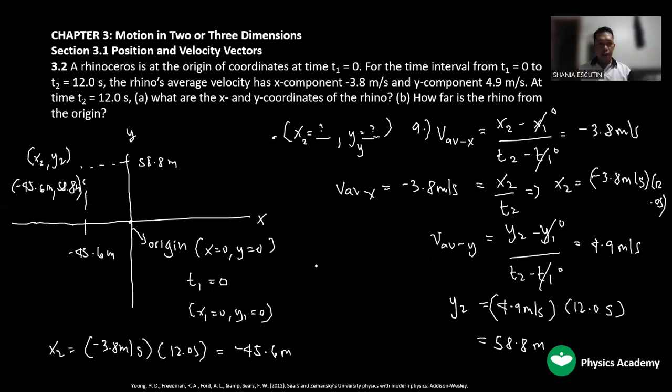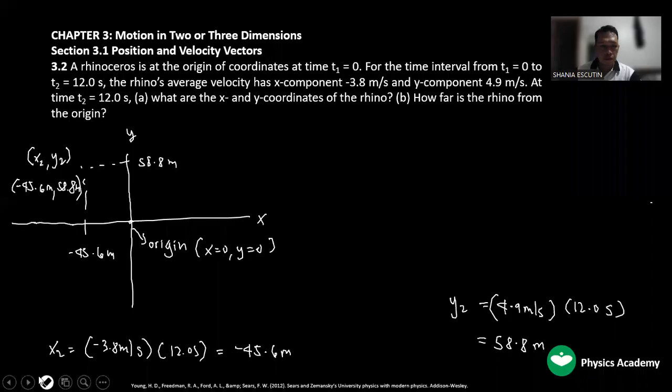To find letter B, let's erase some space so that we will have some room. We are now ready to answer letter B. How far is the rhino from the origin?